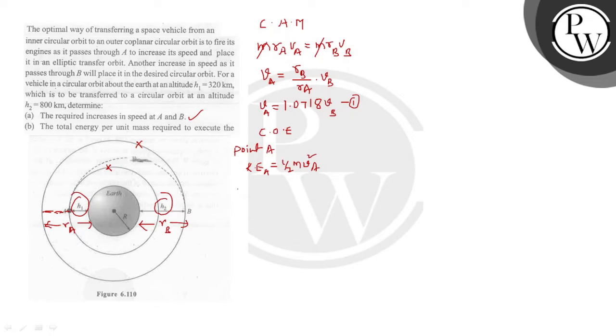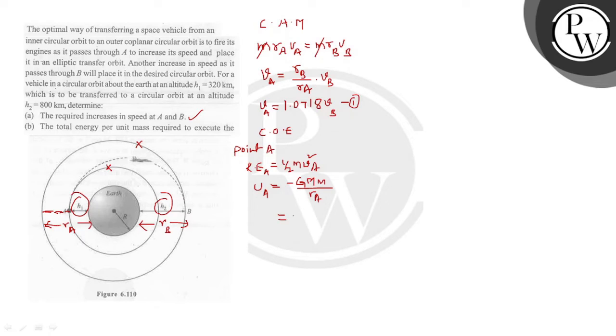And what is the potential energy? Potential energy UA is equal to minus GM by RA. I know the G value and the M value and small m, and RA we already have.